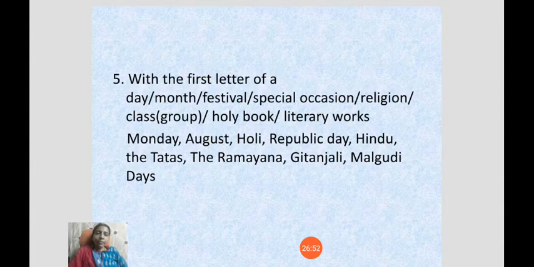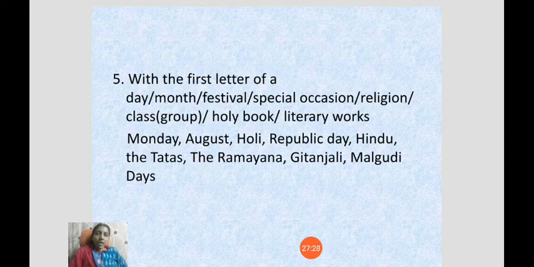In the same way, for all the months, from January to December, for all the months, wherever they come, we need to put the first letter in capital. For festivals, Holi, here I have written Holi, Ramzan, Diwali, Dasra, whatever the festival is, you need to use the first letter in capital.